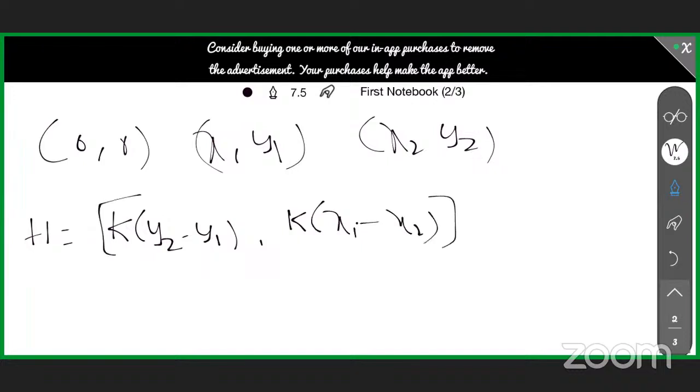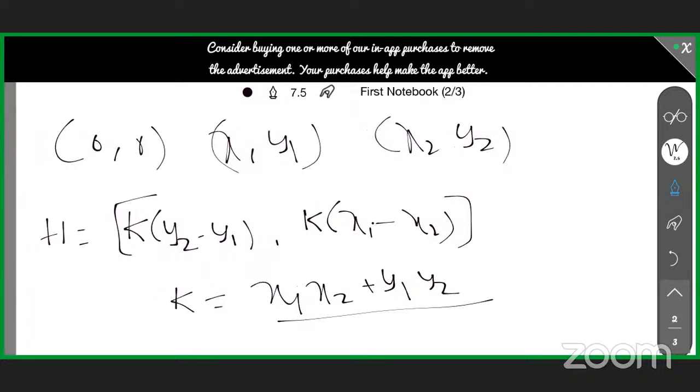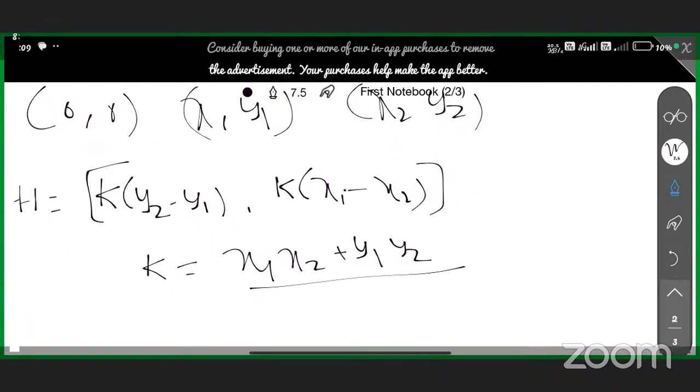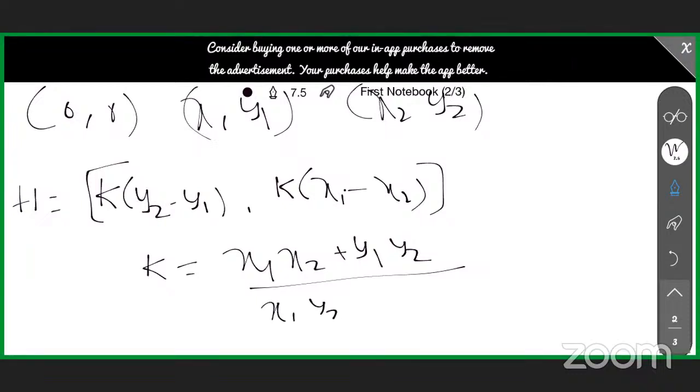So this is how the coordinates are given, where k is equal to x1 x2 plus y1 y2 whole divided by x1 y2 minus x2 y1.